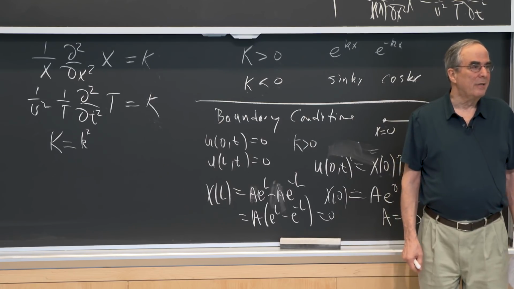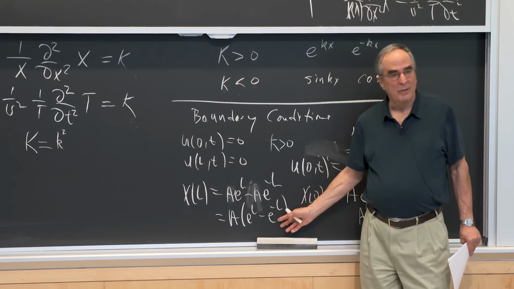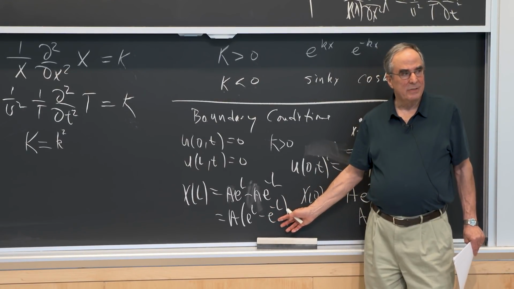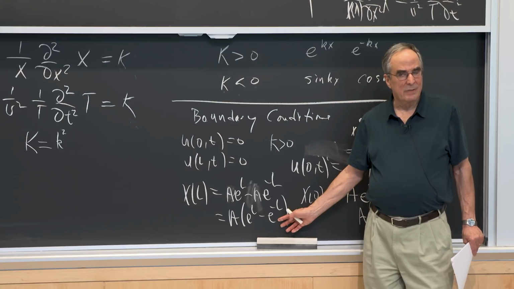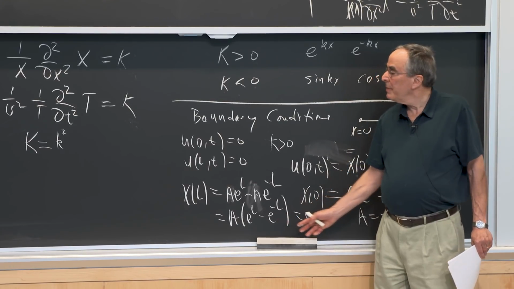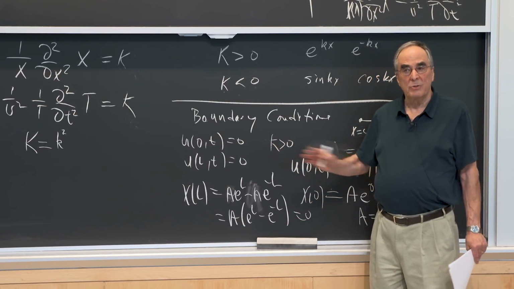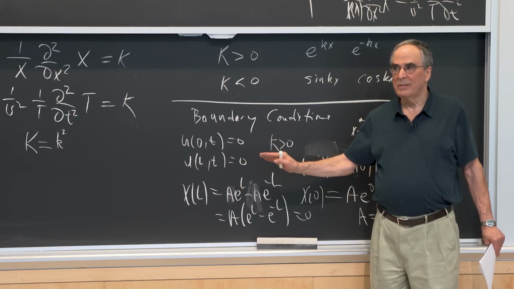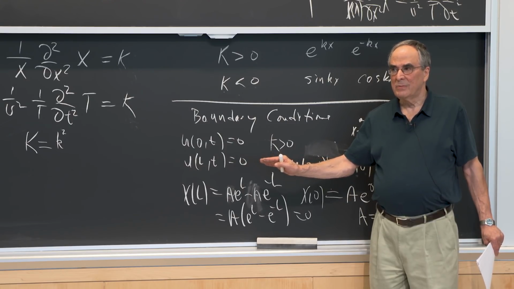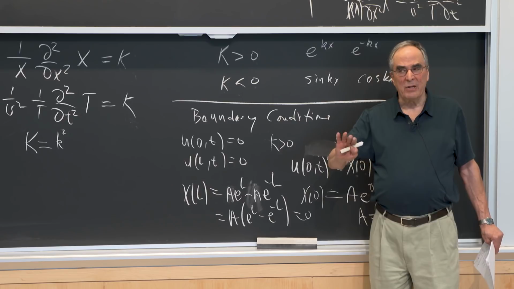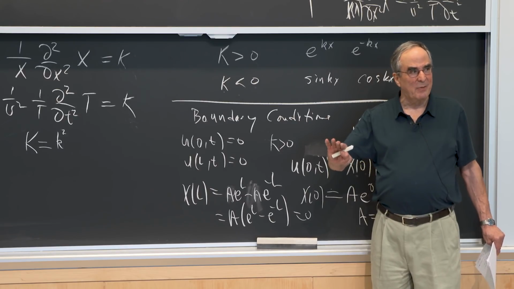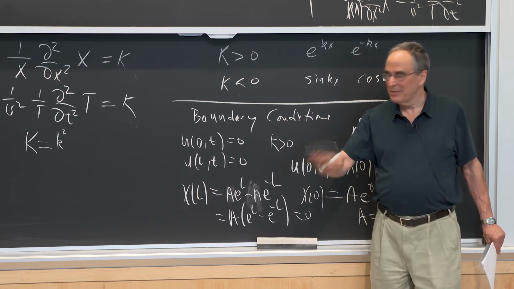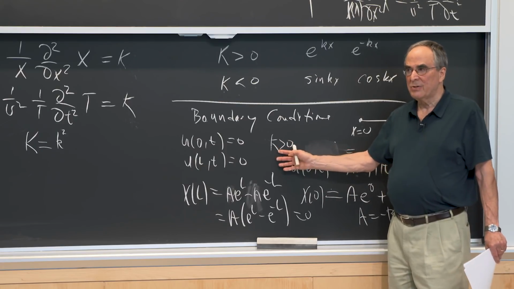Can't do it. This can never be 0. So that means the k greater than 0 solutions are illegal. Well, that's kind of bad news because it sounds like separation of variables is failing. But it doesn't, because the k less than 0 solution works.